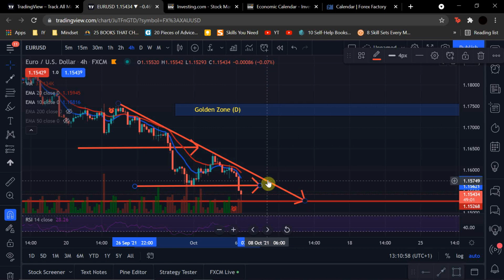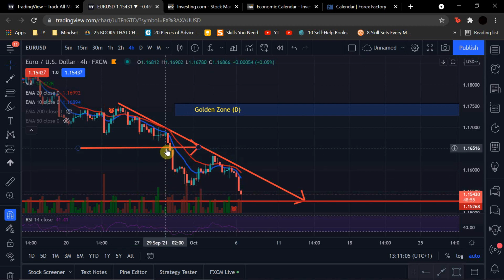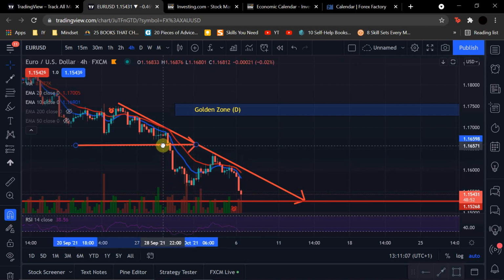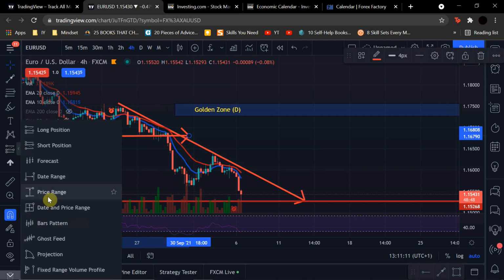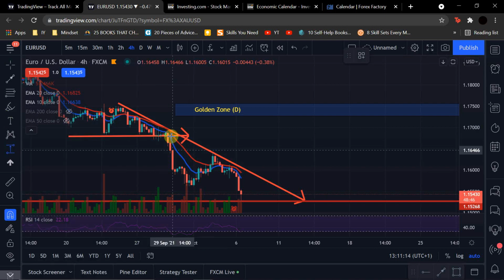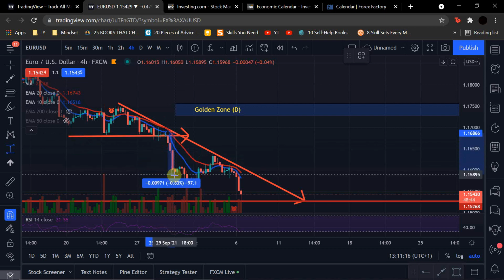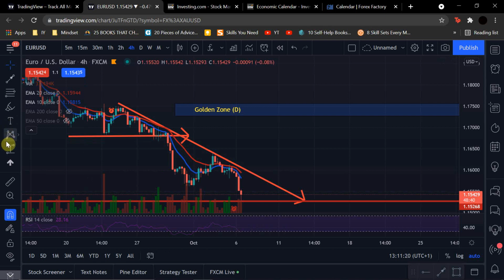And then what's this going to be? It's also going to be a descending triangle, or it may break out here. Who knows? What's this? Now, how many pips is that even? Let's check. It's flipping 100 pips. How many pips is this?